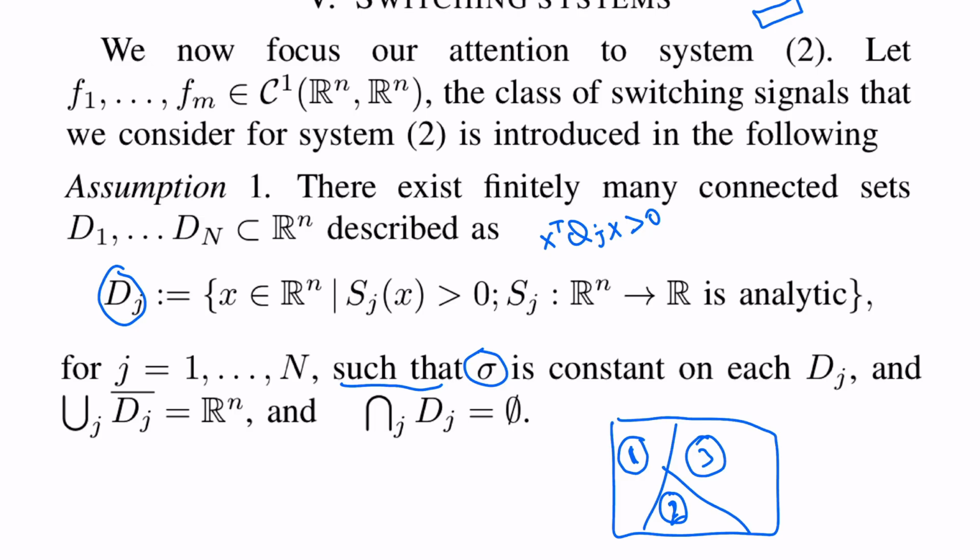Which dynamics you are operating under is constant on each D sub j. And because of the way we write this, a strict inequality, each of those D sub j subsets of the state space is an open set, right?